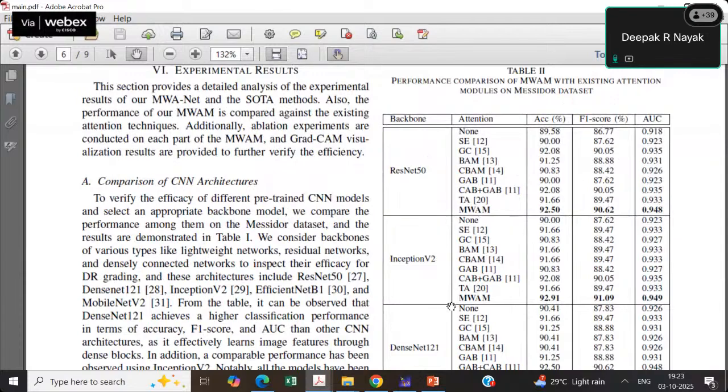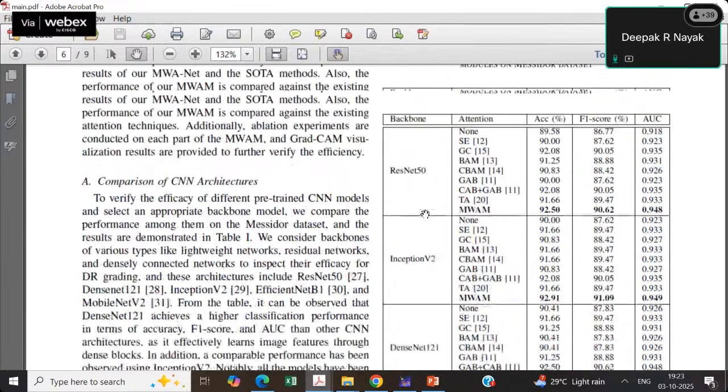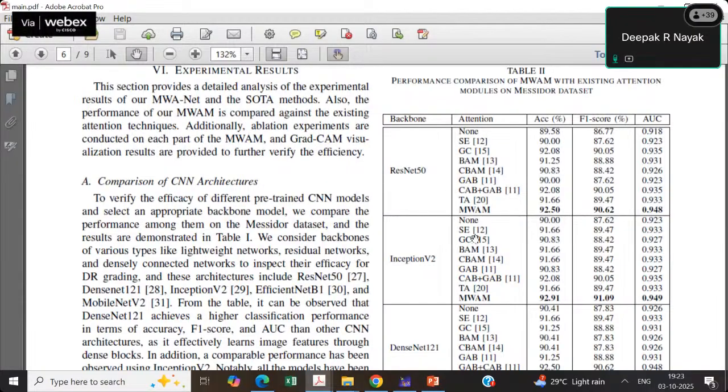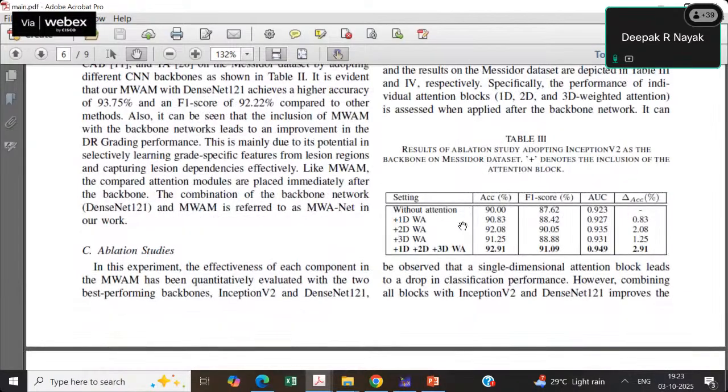Here are some of the results on different data sets with different backbones, with the proposed attention mechanism. Here's the comparison. Here are some of the results of the ablation studies. Is there a need for three-dimensional weighted attention? Because we have taken 1D, 2D, and 3D, we must also discuss that.